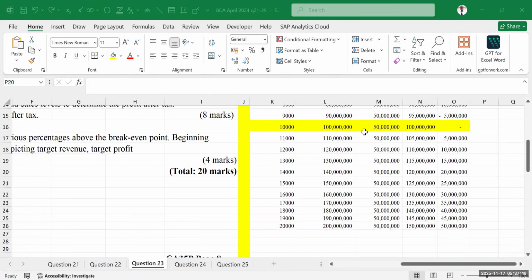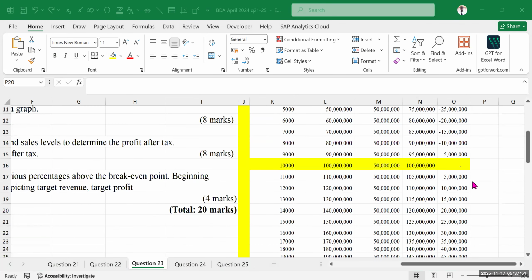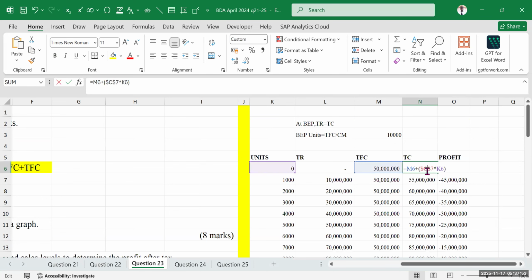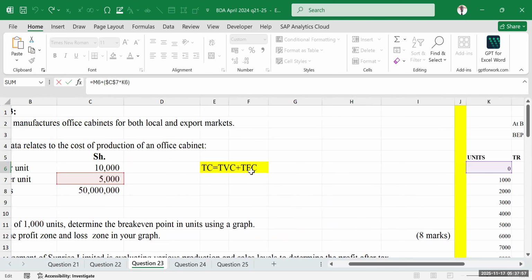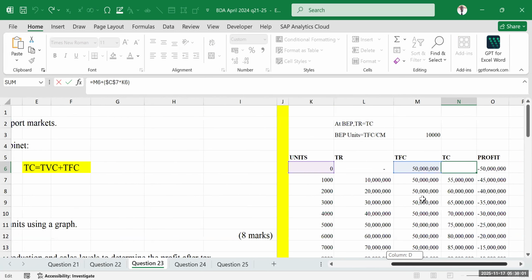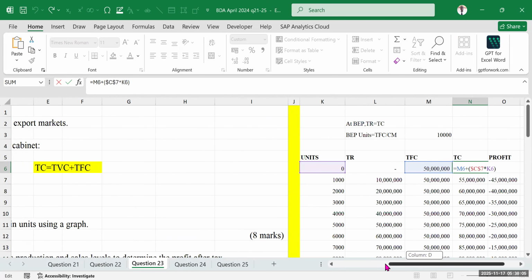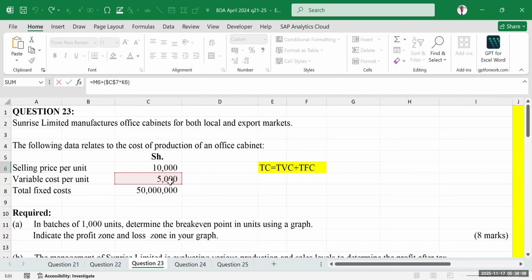Metrin is still stuck at total cost. Metrin, total cost, referring to this aspect here, has two elements, fixed cost and variable. So we refer to the fixed cost, then we add onto it total variable. How do you get total variable? It is variable cost per unit.